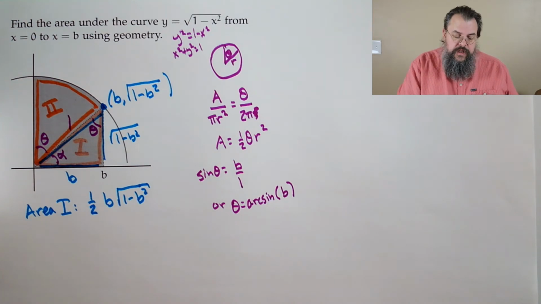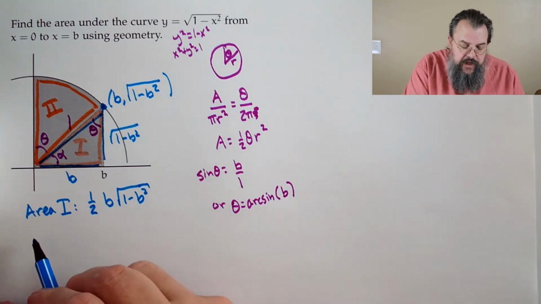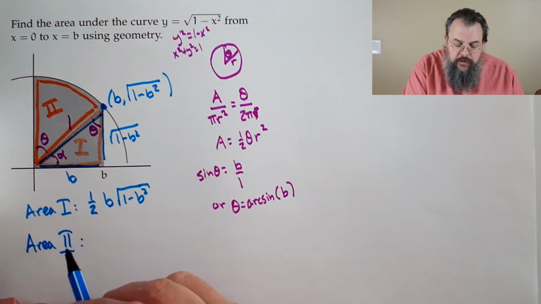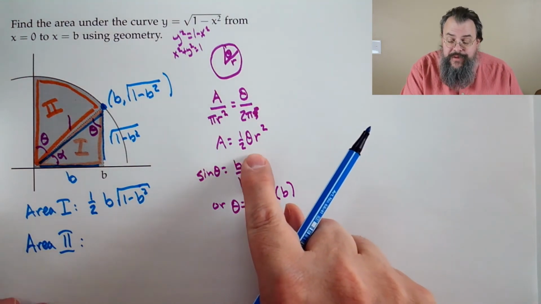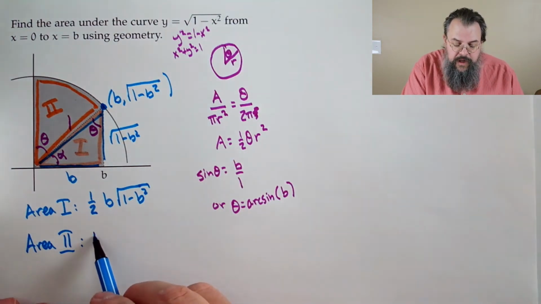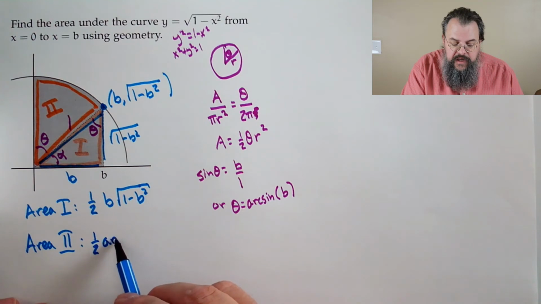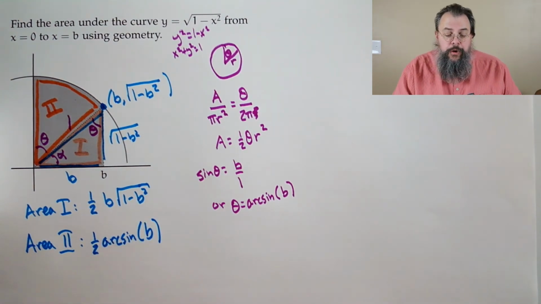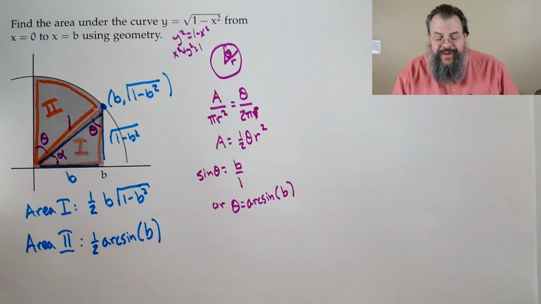So we say, great. So the area for the second part, well, that's 1/2 times theta times 1 squared. So it would be 1/2 arcsine of b. Now put the two together.